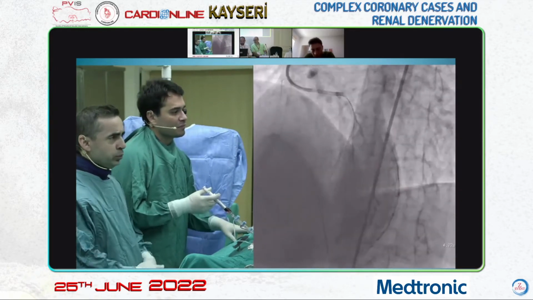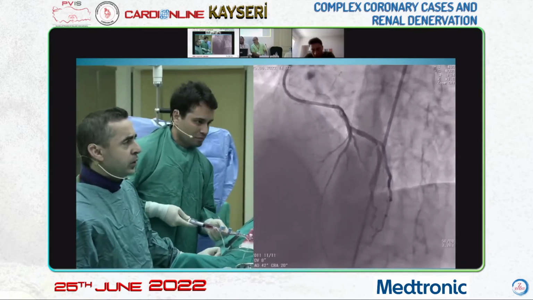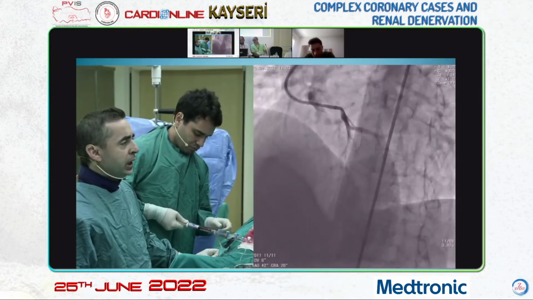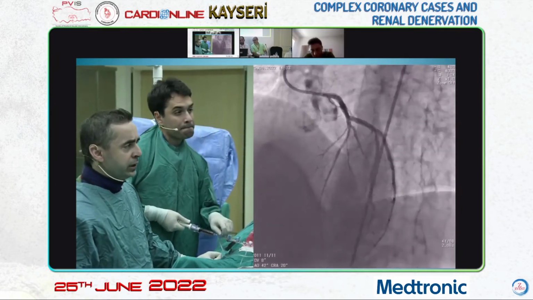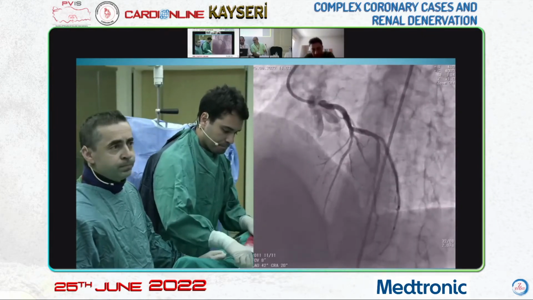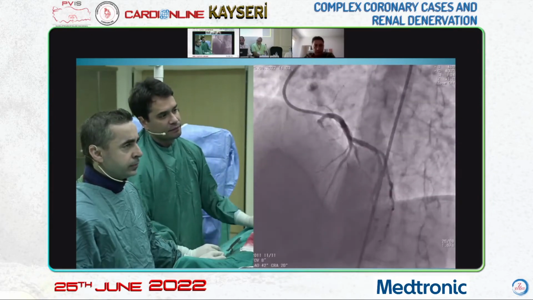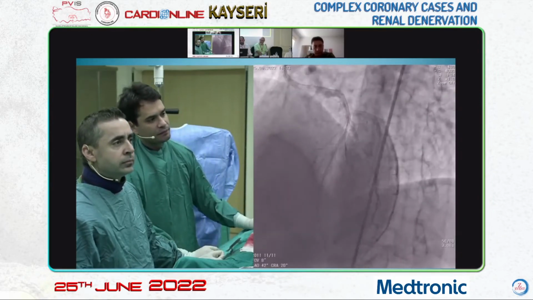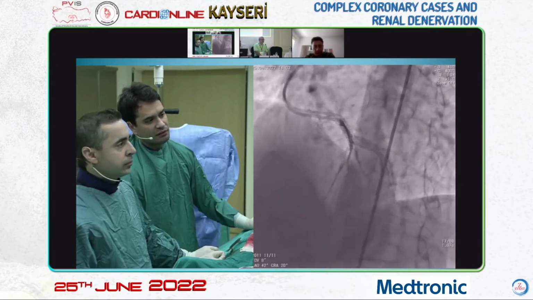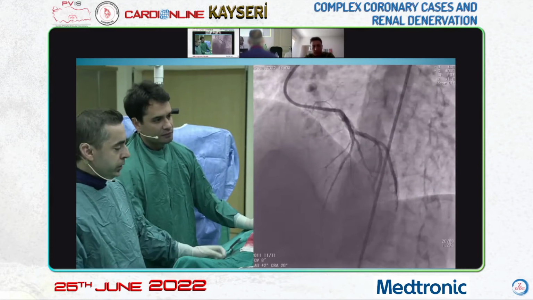It is better right now. We are thinking of implanting a stent there. We can make ballooning in the down part. Anyone who'd like to say, Ali Bey? Did you make the nitrate?